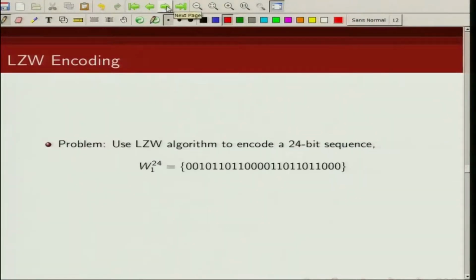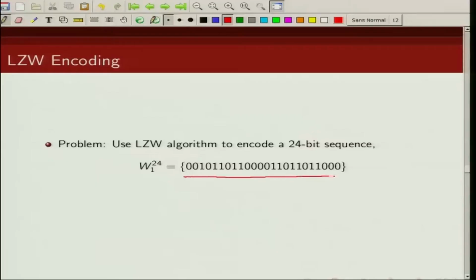So let us take an example to illustrate how Lempel-Ziv-Welch algorithm encoding will work. So this is a 24-bit binary sequence that we want to encode using Lempel-Ziv-Welch algorithm. Now remember, this is a universal source compression algorithm, so this algorithm does not need prior information about the distribution of zeros and ones.